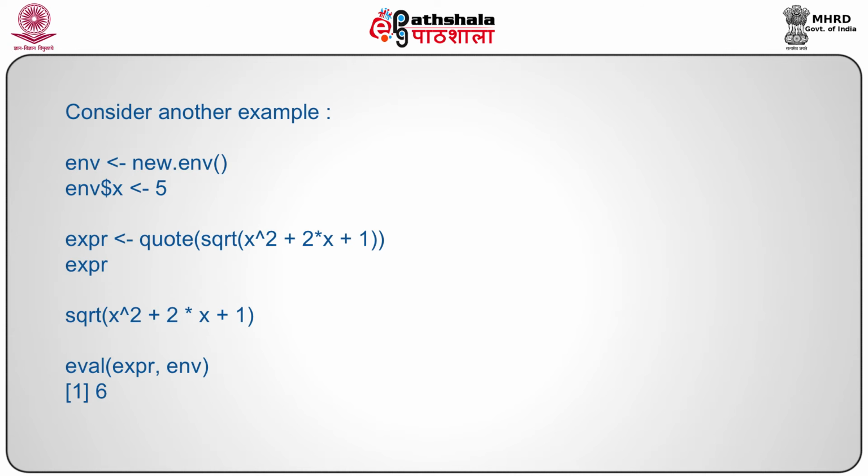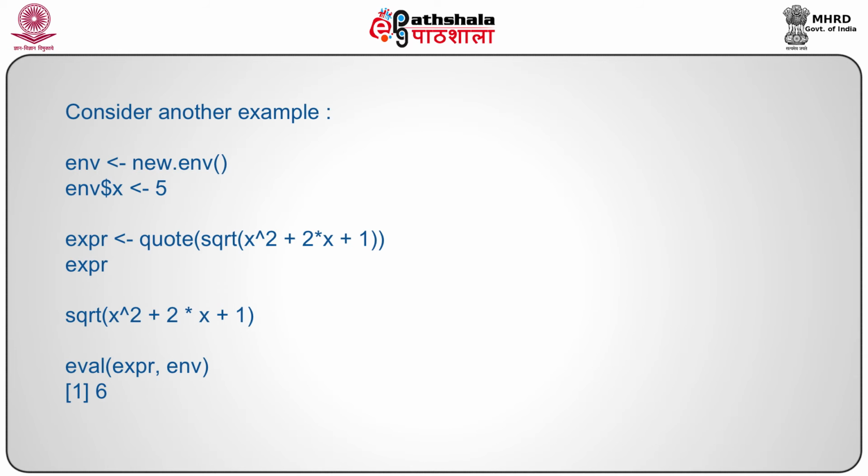Now our objective is to find the square root of the expression we have given here. So we insert these in the expression. Now, as we are passing the expression and environment to the eval function, we are actually getting the square root of this expression when x is equal to 5.